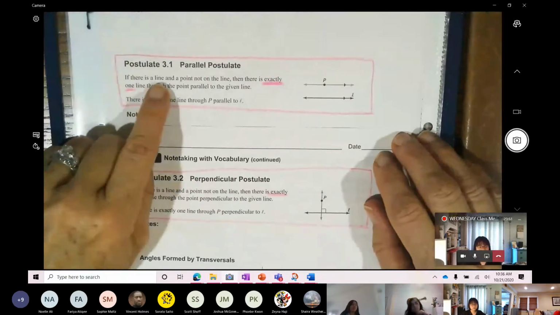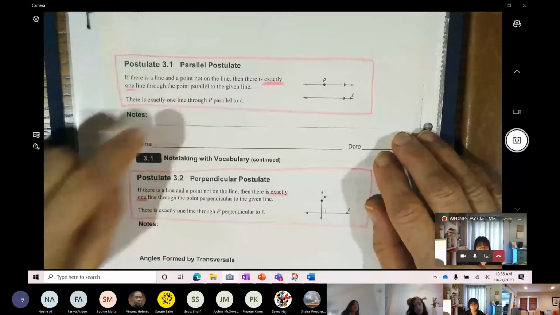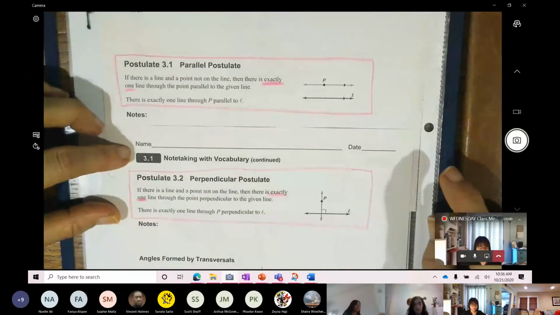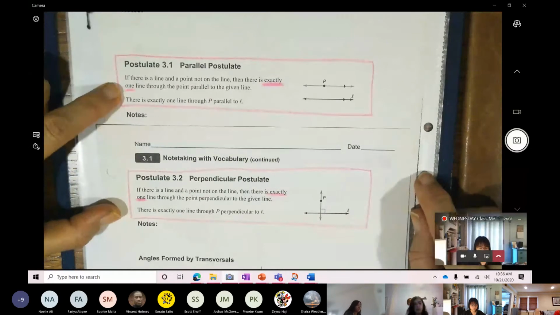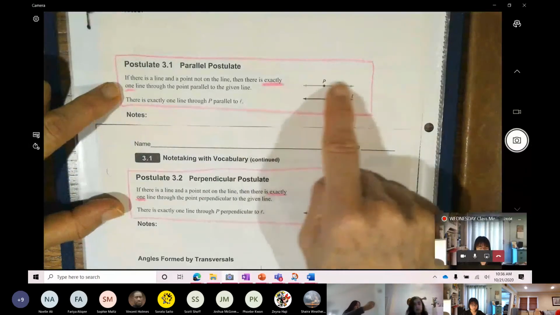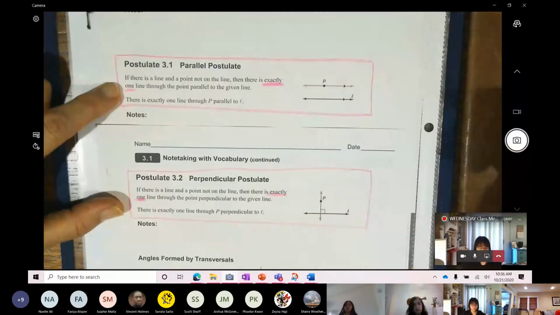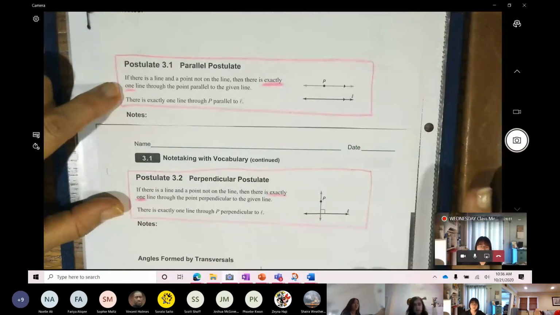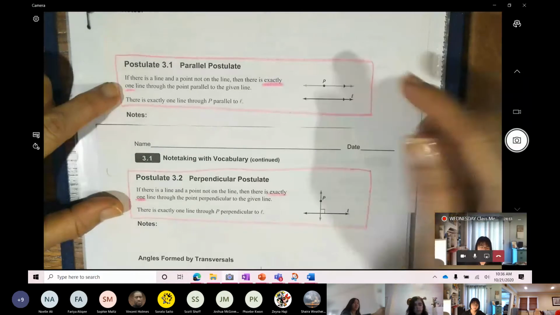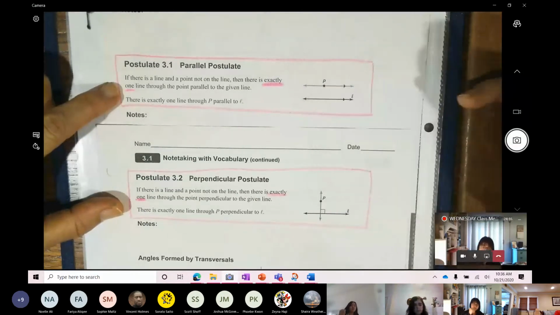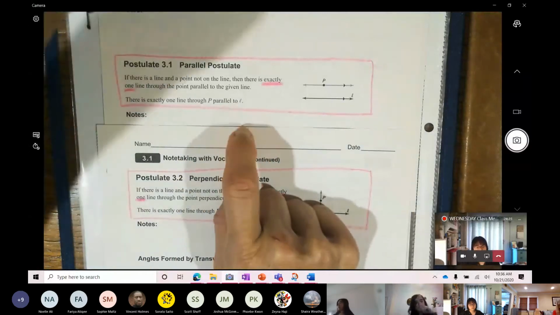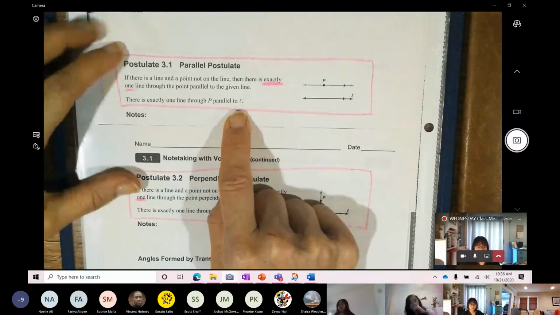If you have a line and a point not on the line, that's what you're given, a line and a point, then there's exactly one other line that you can draw through that point that is parallel, that's exactly parallel. Not even if it's sideways 1 degree, because that would mean it'll eventually meet. But if you have a line L and a point P, there is exactly one line through P parallel to L. That's it.